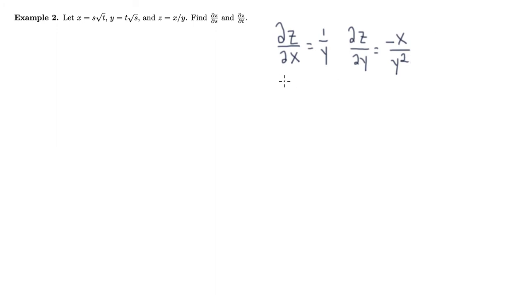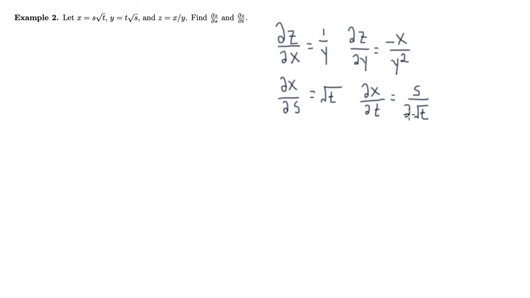Partial x, partial s is just square root of t. Partial x, partial t is s over 2 root t.